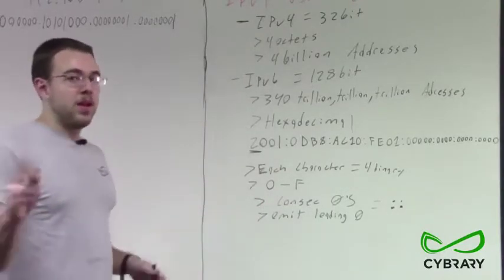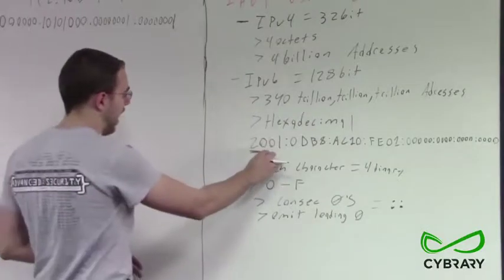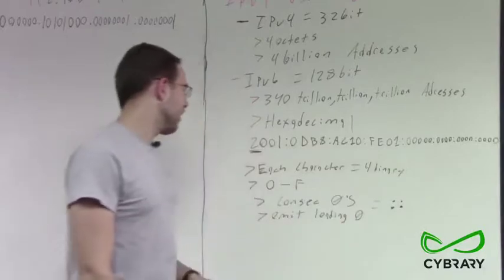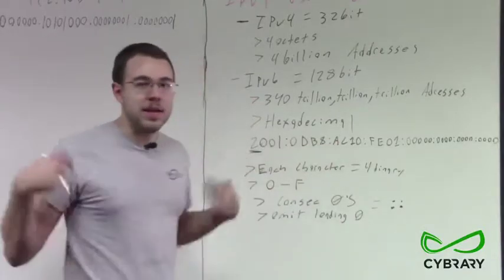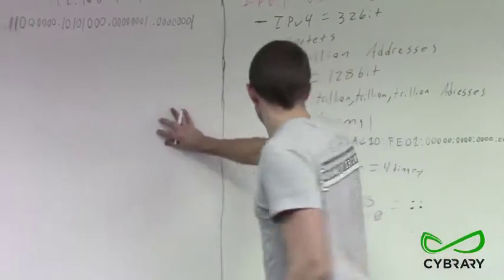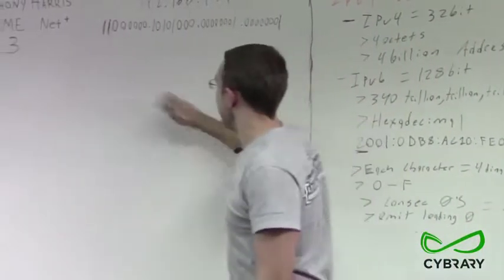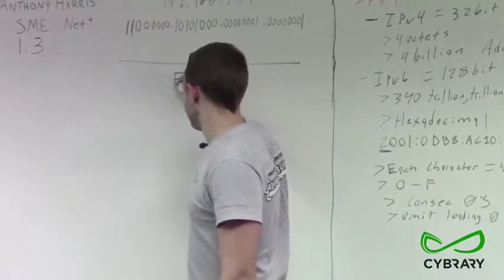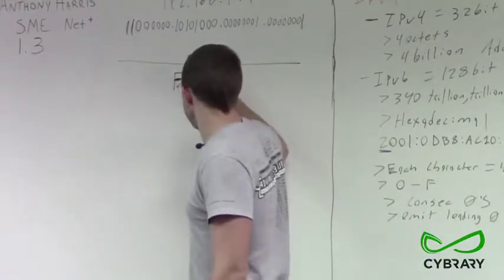It's amazing. So let's take a look at FE01 and see how that can be composed into binary. Remember, this is just one section of our IPv6 address.